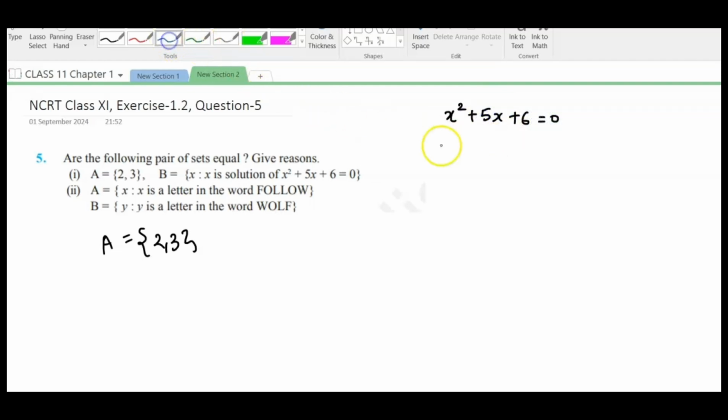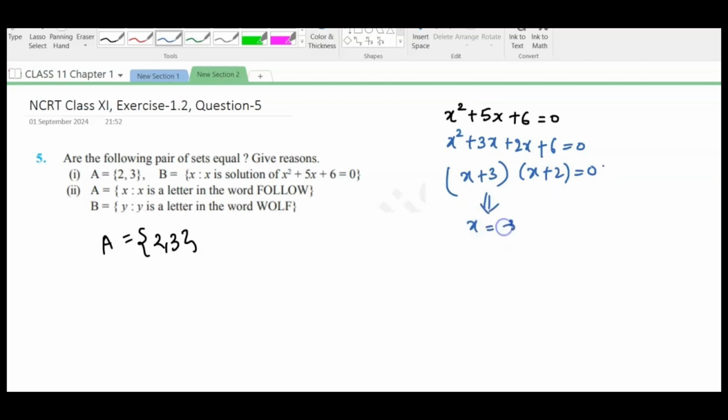So we need to solve this equation. We can factorize this: we can write 5x as 3x plus 2x, and on factorizing, we will get (x plus 3)(x plus 2) is equal to 0. So on solving, we will get x is equal to minus 3 or minus 2.